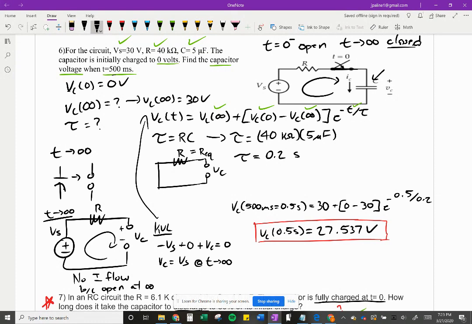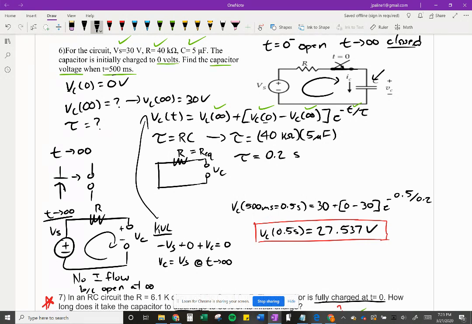Then all we have to do is run through here, and we see that we have V of C at infinity, V of C initially, and our time. We just don't have our time constant tau. Remember, the time constant tau for capacitors is R times C. The reason we got a lot of practice with Thevenin and Norton is that we'll take our sources, zero them out, and then find our R equivalent, like we were doing with Thevenin and Norton.